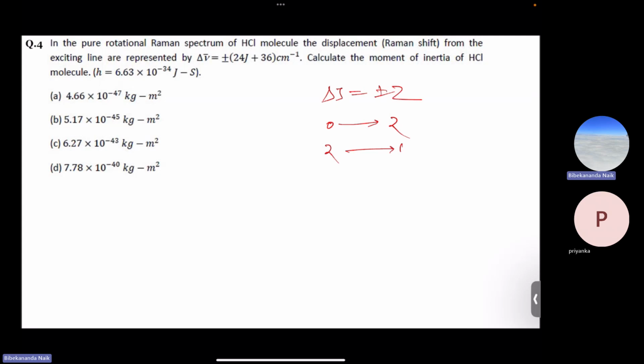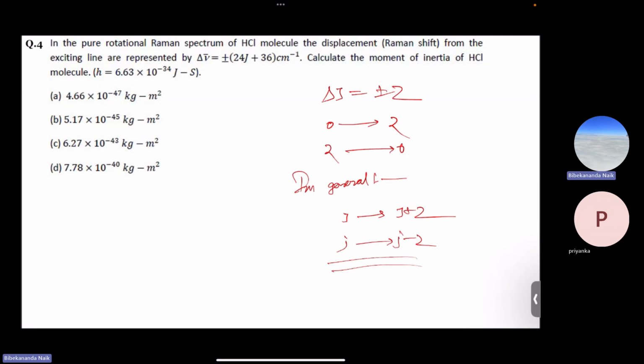In general, the transition can occur from J to J plus 2 or J to J minus 2. So there are two types of transition, and now you need to find out whether this transition corresponds to J to J plus 2 or J to J minus 2.